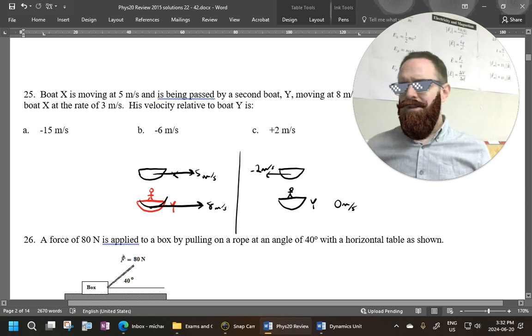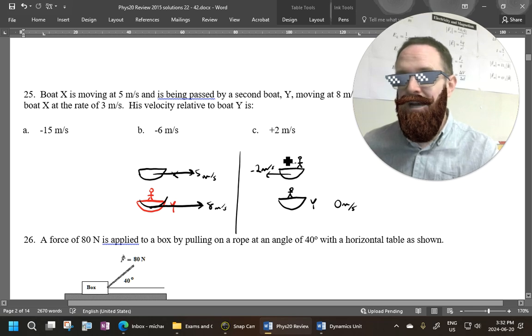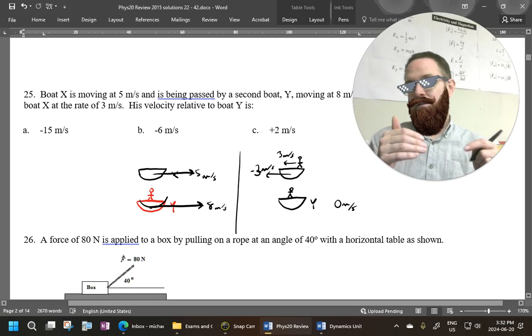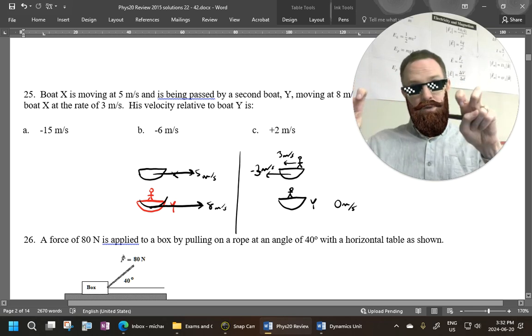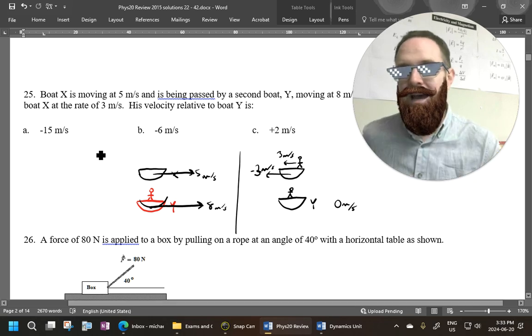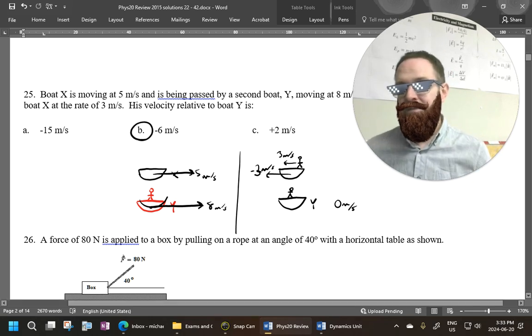But now there's another guy on the boat who's also moving backwards, not 2, it'd be 3 meters per second, also moving back at 3 meters per second. So to the person on the stationary boat, relative to him, it looks like that guy is moving back at 6 meters per second because he's moving backwards.